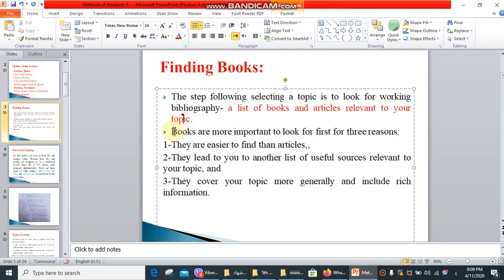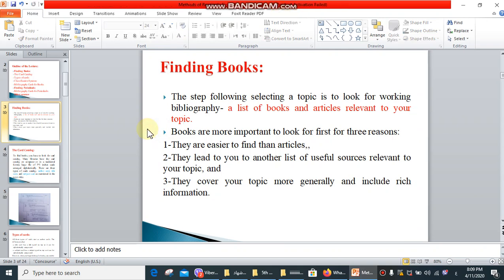So here, what is important to mention is that books are more important to look for first for three reasons. This is a common fact. So when you identify your topic and narrow it down, you have to look for relevant sources, relevant materials to your research topic.